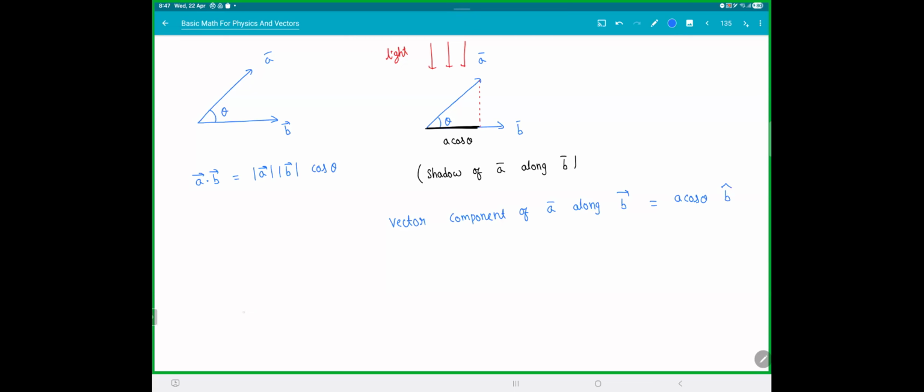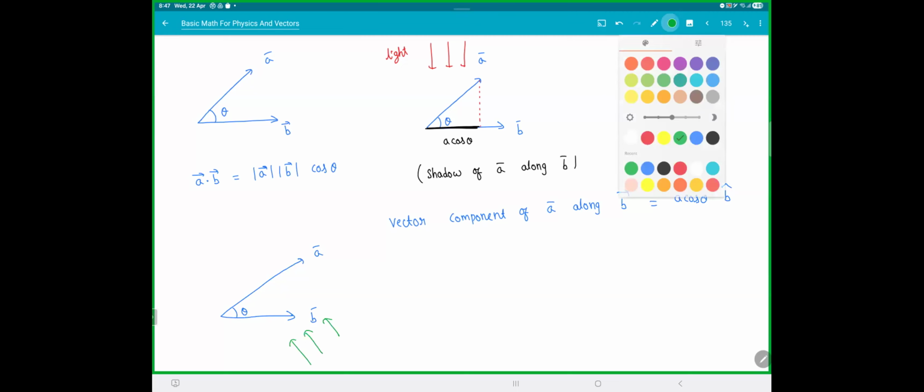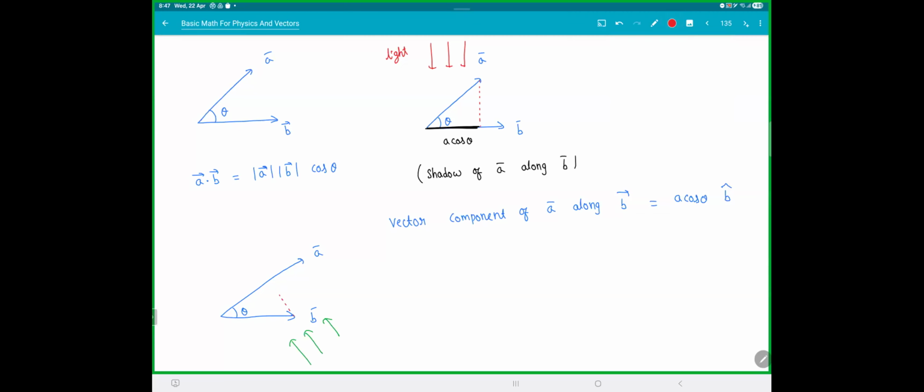Similarly, I can even do this. This is B bar and this is A bar. Well, let's say you shine the light this way now. So you're shining the light always perpendicular to the other vector, so perpendicular to A bar. Now you will notice this will be the length of the shadow.